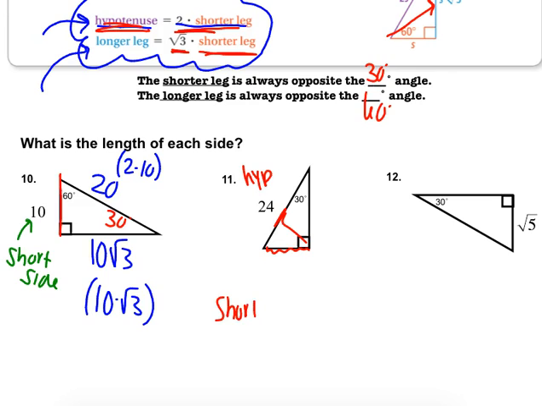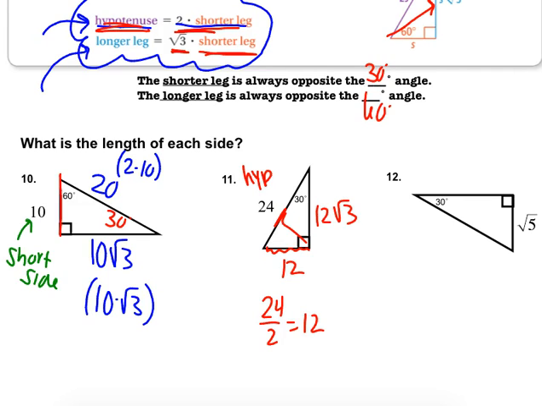I hope you're thinking you're dividing by 2. So I'm going to take 24 divided by 2 and get 12. There's my short leg, and my long leg is the square root of 3 times my short leg, so 12 square roots of 3.